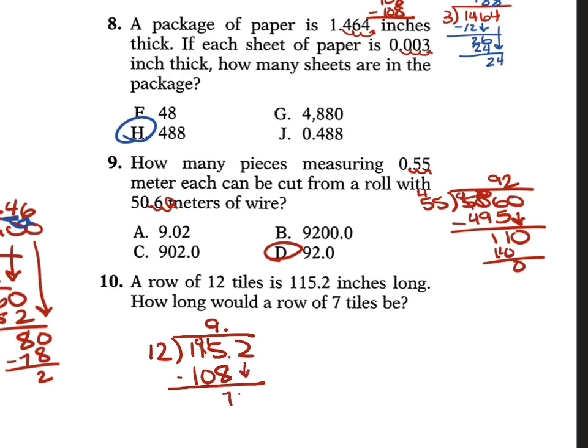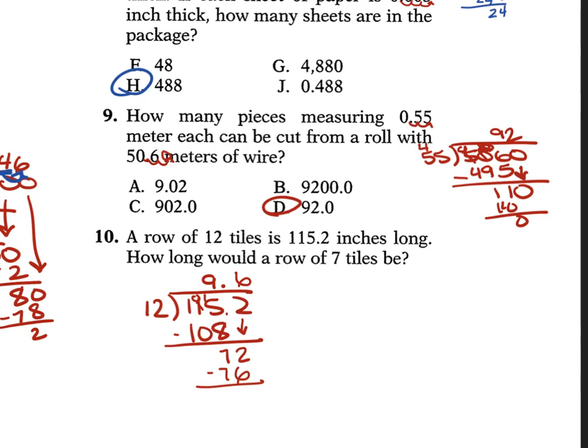I bring down that 2. 12 goes into 72 6 times. So then I have my remainder of 0. So that 9.6 is then going to be multiplied by the 7.